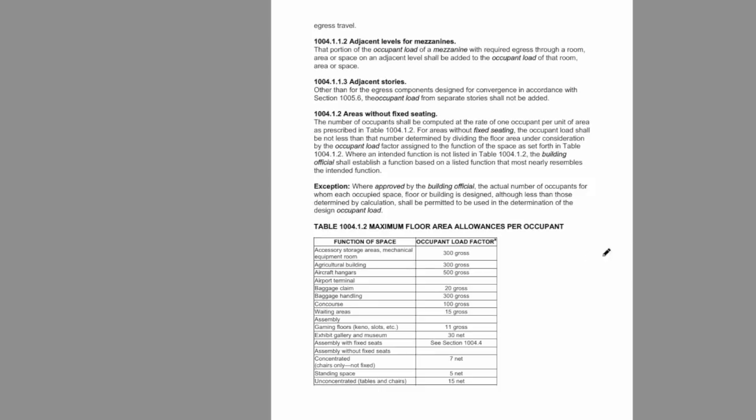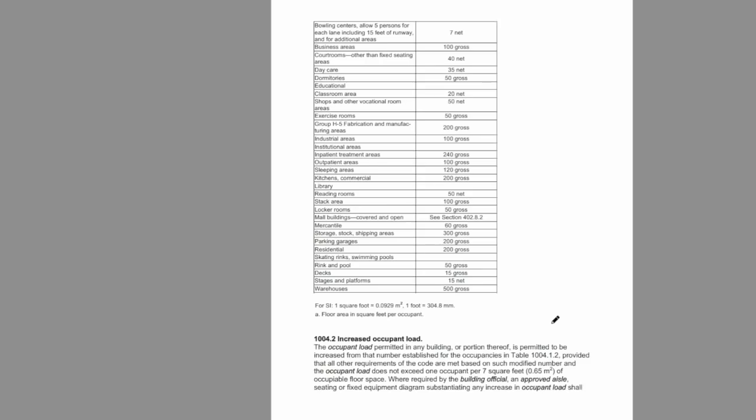The first bunch of those are all regarding aircraft and a bunch of other stuff, so we need to go to the next page. Looking through the next page, we see business, and it says 100 gross. So 100 square feet of gross area per person.